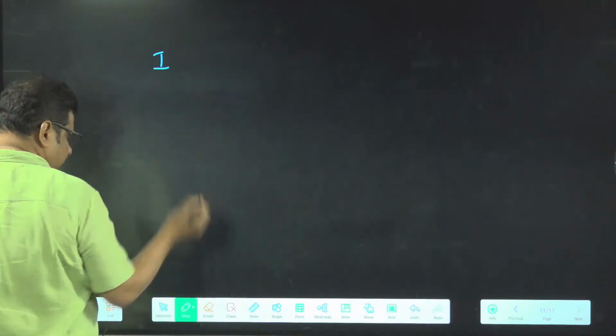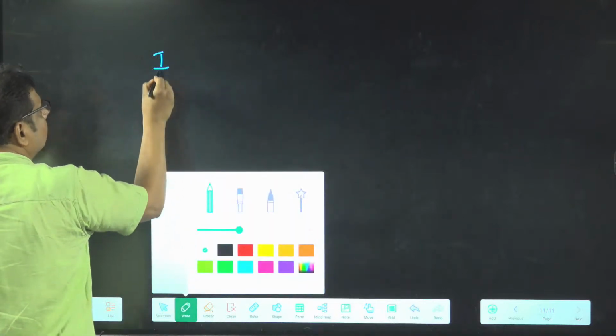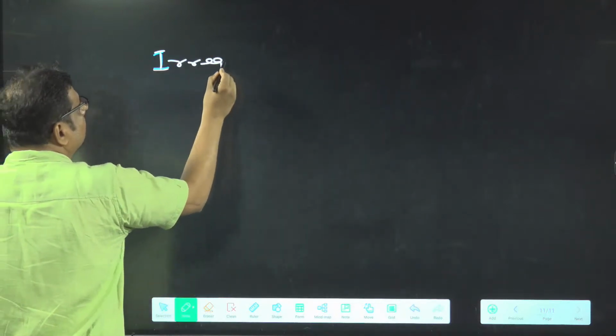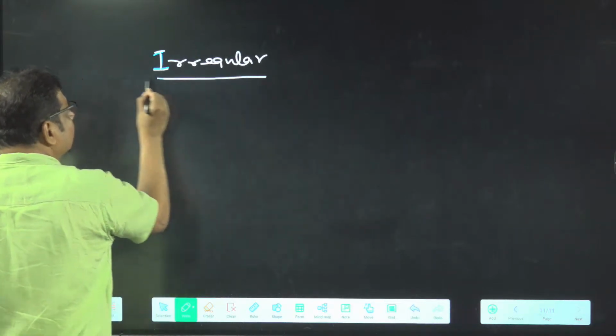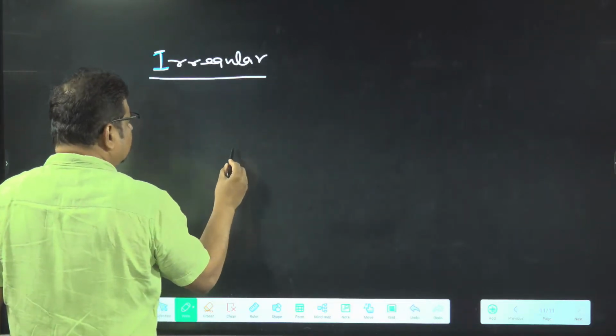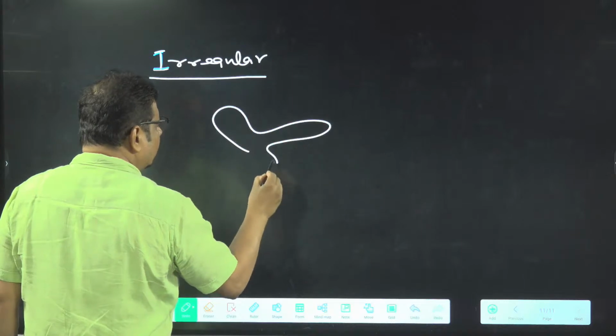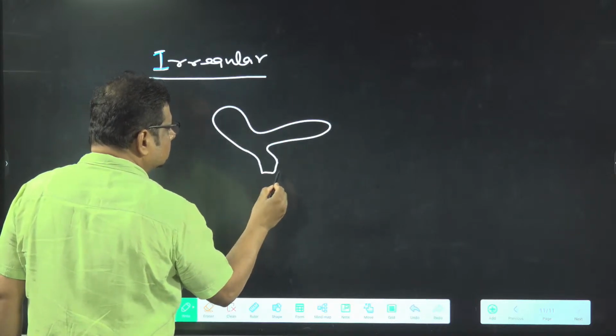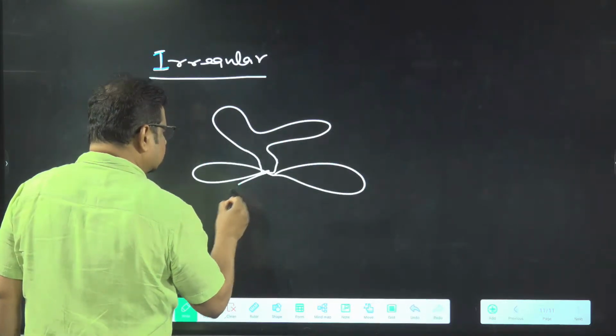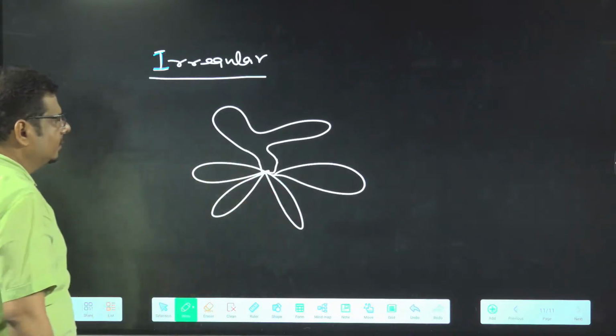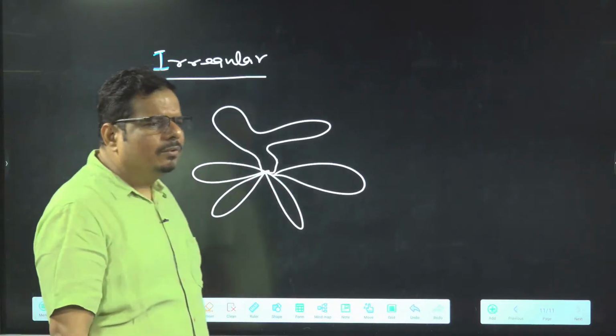Now we are going to deal with which one? Irregular. If we talk about irregular or asymmetrical flowers, I am drawing a diagram. Cut it. In how many equal halves can you cut?